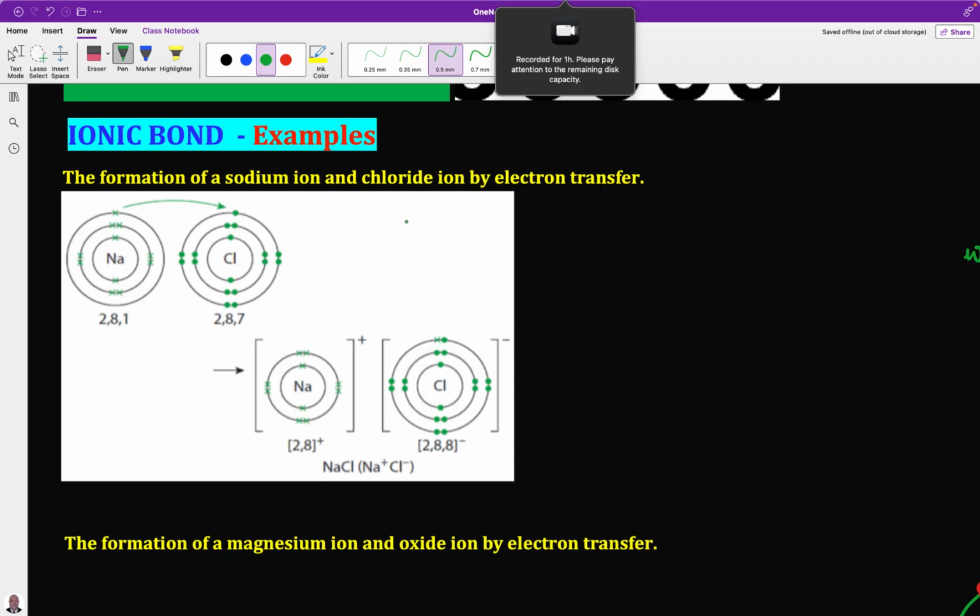From this structure of an ionic bond, using the dot and cross structure between sodium and chlorine, we can say an ionic bond is an electrostatic force of attraction.